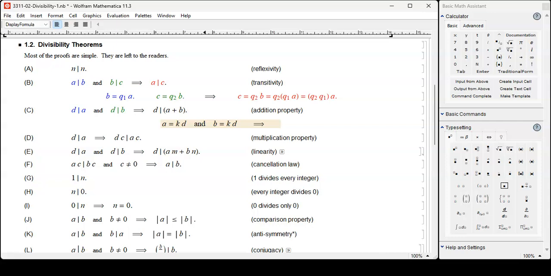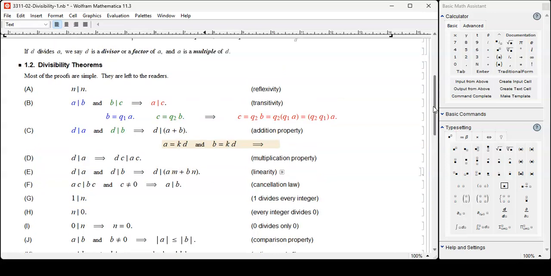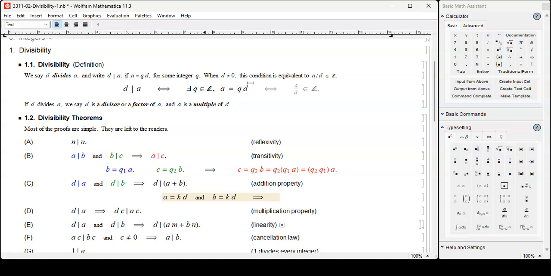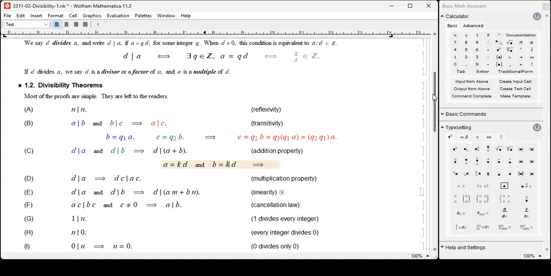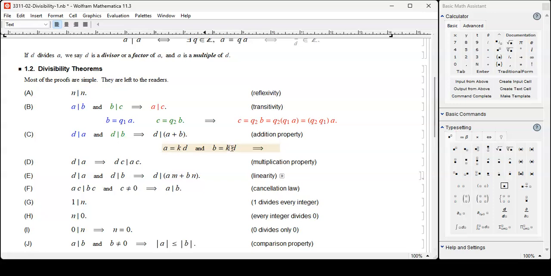Anything wrong? Yeah, I hope everybody found out. Same k. No, that's a red flag. Each time you use an existential quantifier, you have to bring in something different. This k and that k do not have to be the same. So k1 for this, and k2 for that, and A is k1 times D, that corresponds to this blue, and B is k2 times D, corresponds to this green.